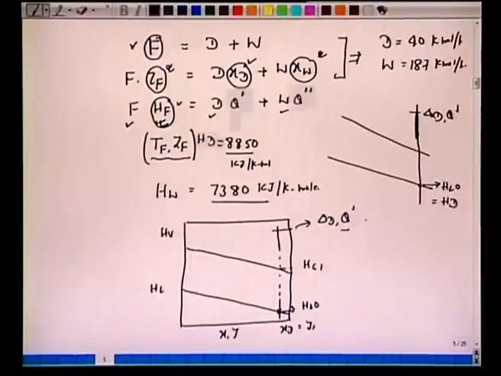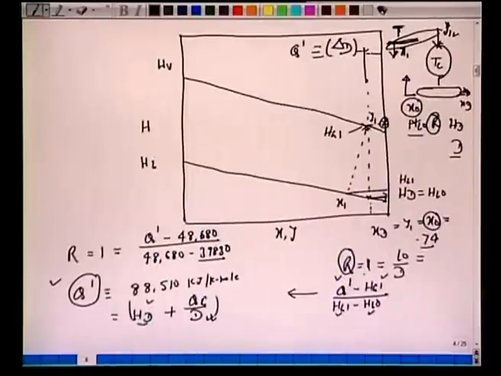Okay. So now this Q prime, we said we can write as HD plus QC by D. All right. So HD we have calculated 8850. QC we do not know, this condenser load. So how do we mark this point? Now you should go back and see this definition for the reflux ratio R, which we had calculated in our previous slides.